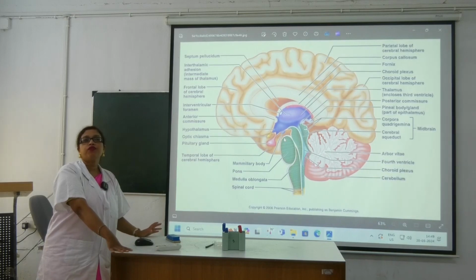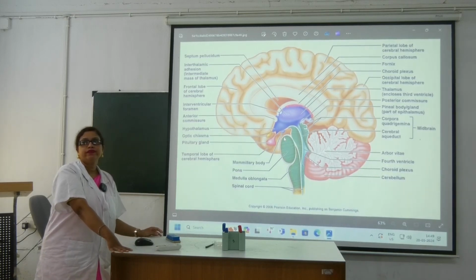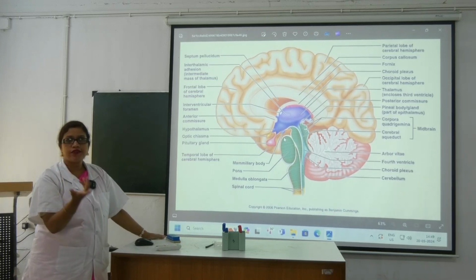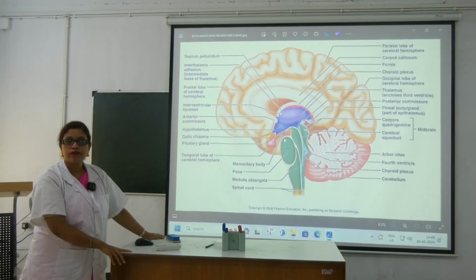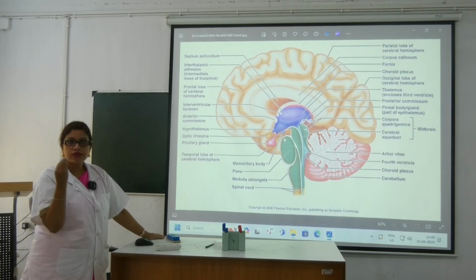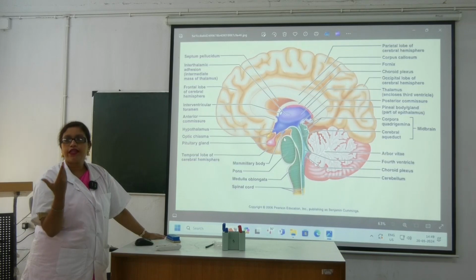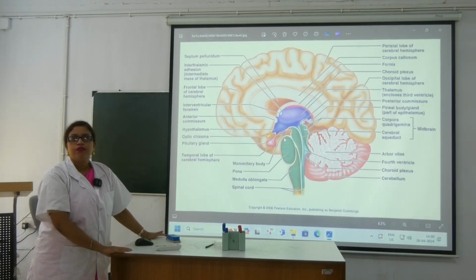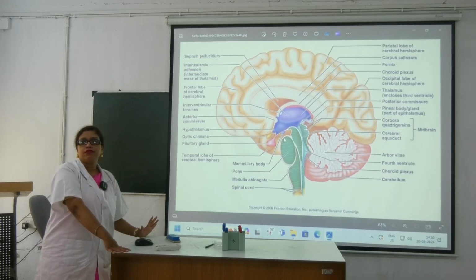Okay, what about vision? Which is the receiving cells? If you are seeing anything, receiving cells are rod and cone cells. Okay, rod and cone cells. Then finally where it is going? তারপরে কোথায় যাবে?